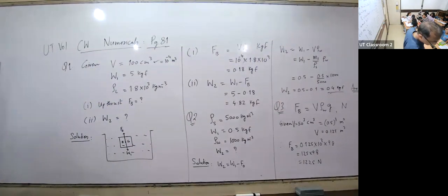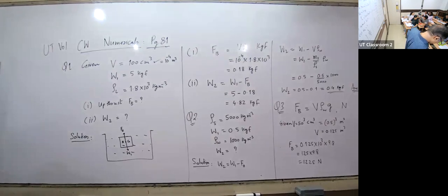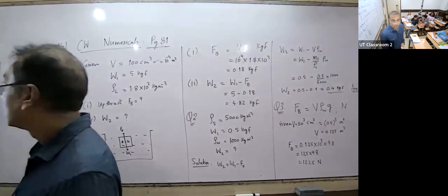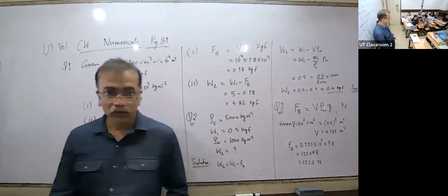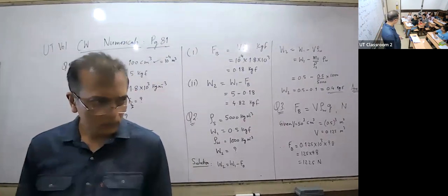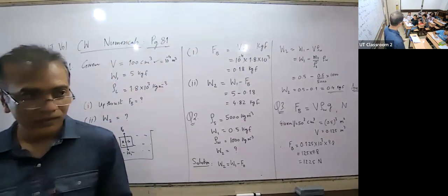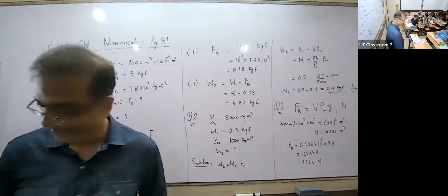I didn't divide it last time, but we will see over there. So how much is this? This is correct, 1225. I know, I was just checking myself.